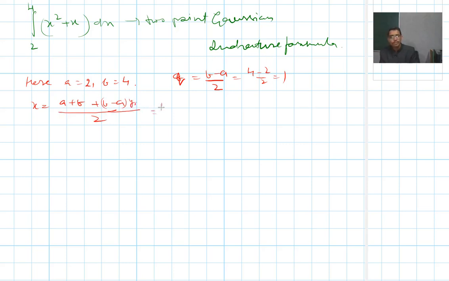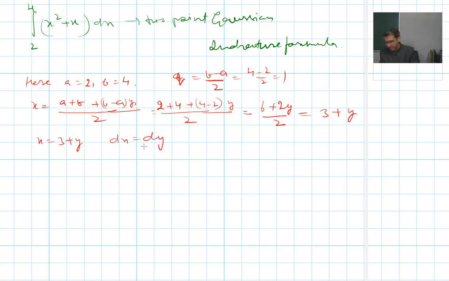So let us put their values. It is 2 plus 4 minus 2 upon 2, and here y is multiplied, so it is (6 plus 2y) upon 2, and 2 will cancel out, so it is 3 plus y. So x is equal to 3 plus y, and dx is equal to dy, which we can write down here.